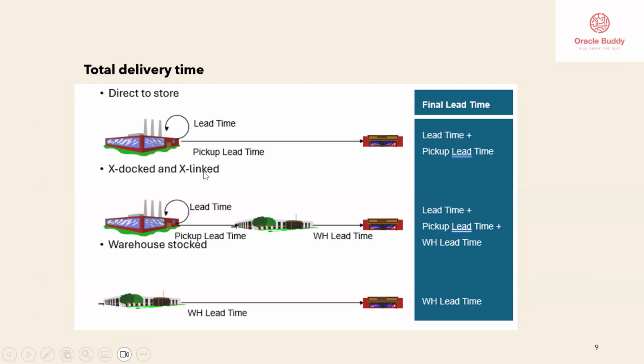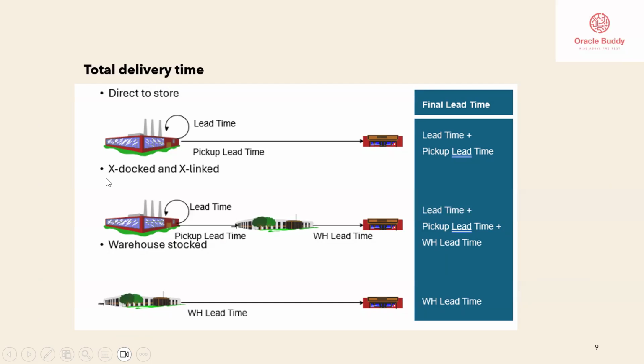So how much time it will take from the supplier to the store is the lead time, the time which the supplier needs to create the order, plus the transport pickup lead time from supplier to store. So this plus this will be the final lead time.